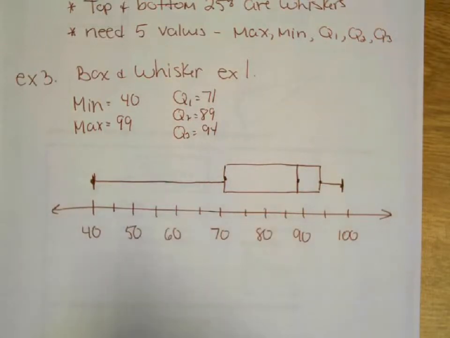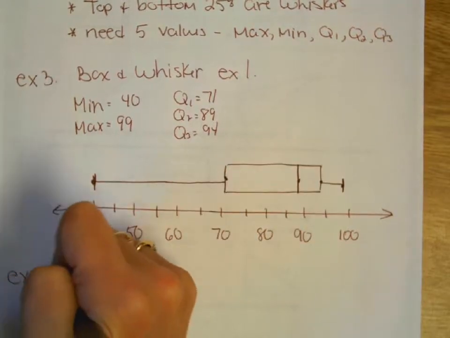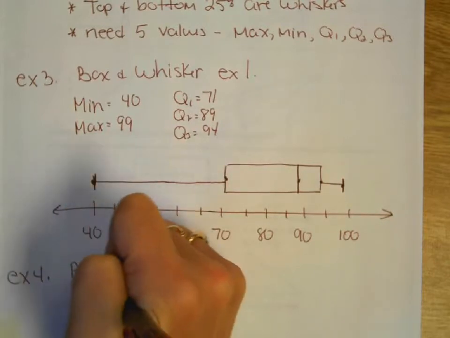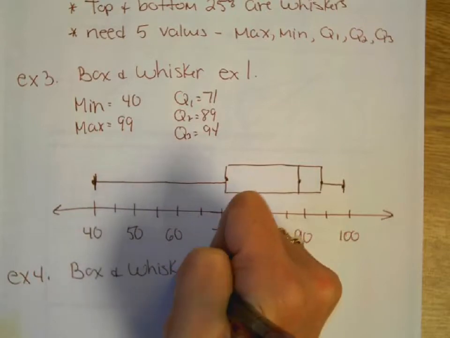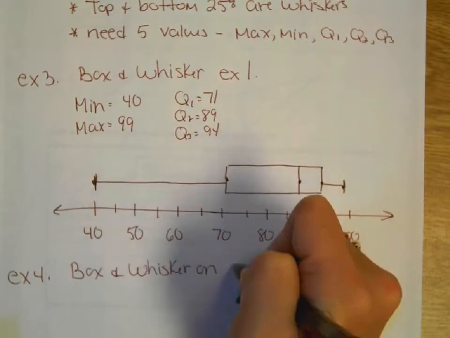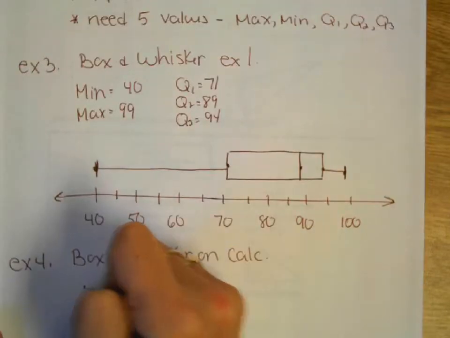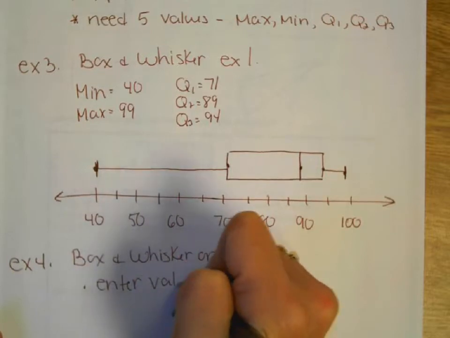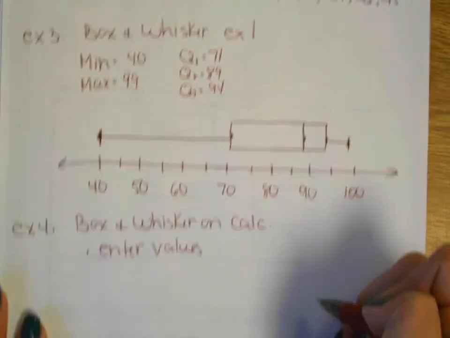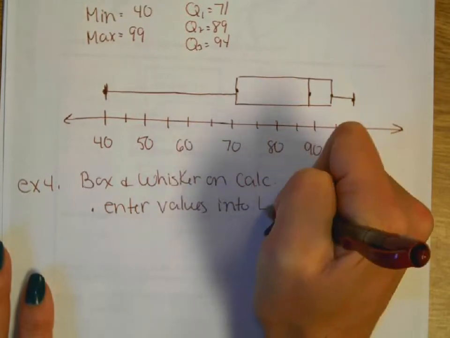Okay, again, you can make a box and whisker on the calculator very easily. And the way to do that, you enter values into the list.